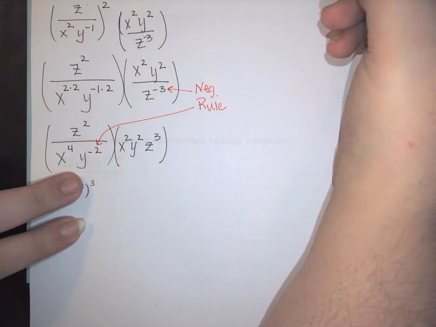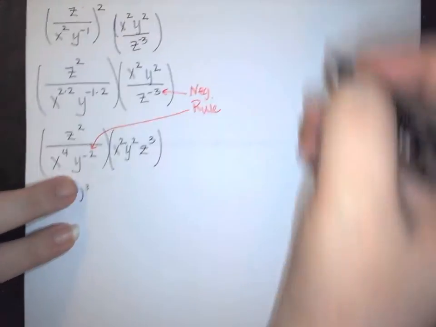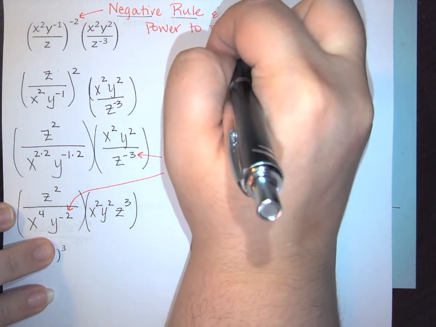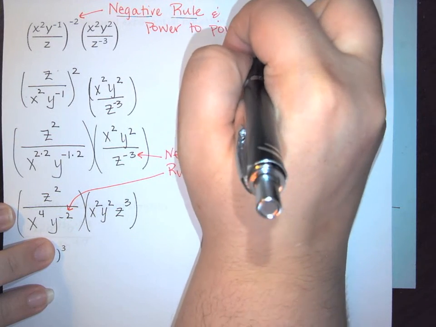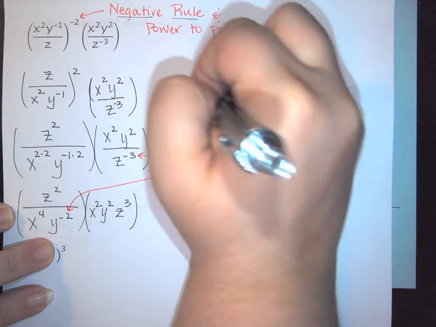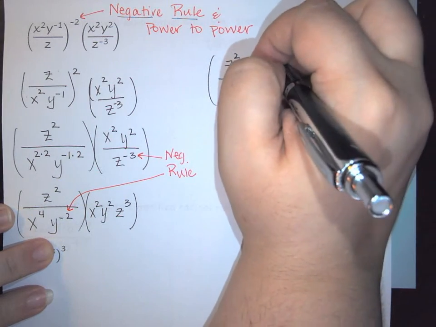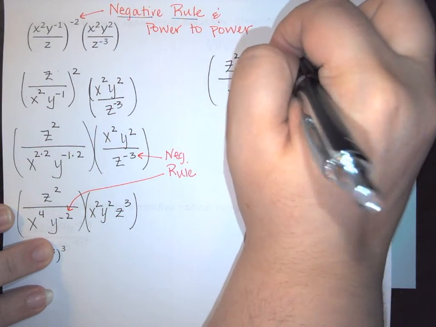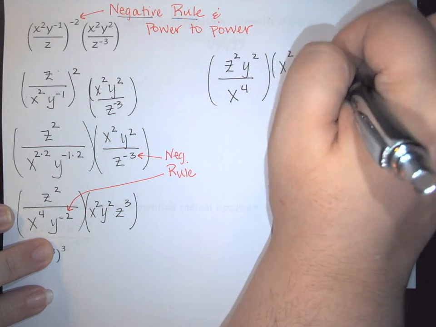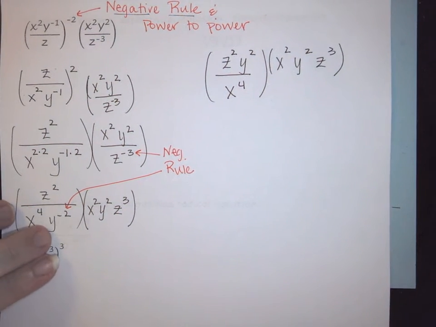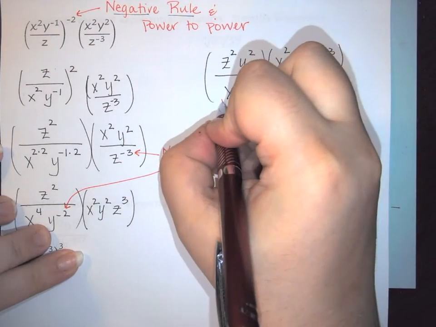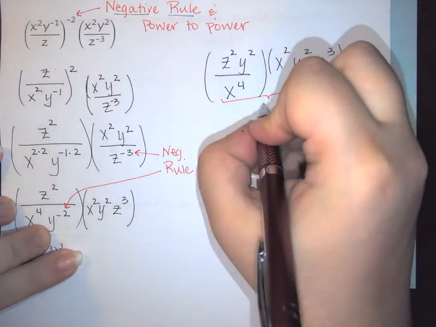So if we flip it, you're going to end up with z squared and then y squared over x to the 4th, and we are multiplying this by x squared y squared z cubed. So if you look here, this is now going to be our product rule.